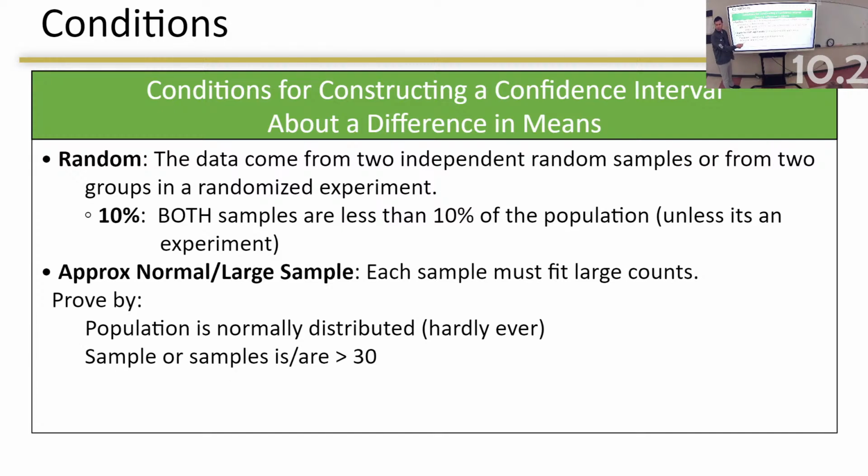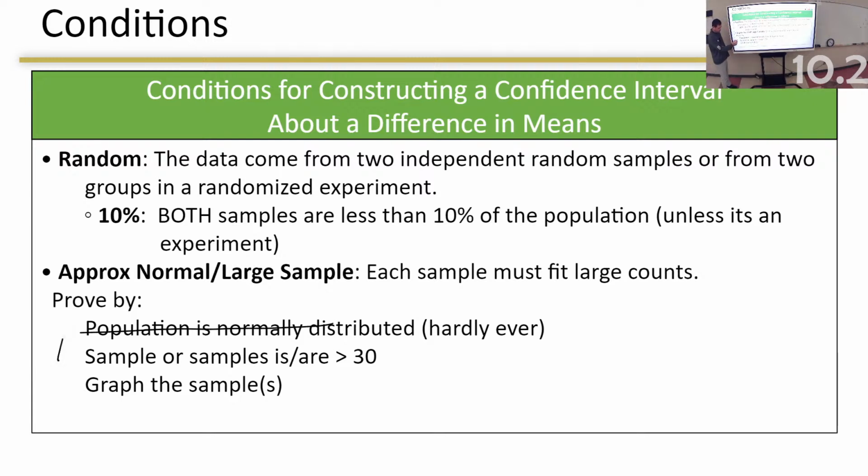Both of them fit the large counts condition, which is greater than 30. Both of them have to be larger than 30. Or we'll have to graph the sample or samples. One of those 3 will happen, and again, this one hardly ever happens.